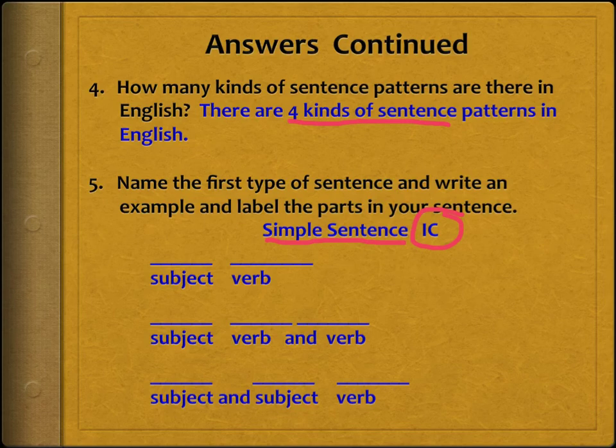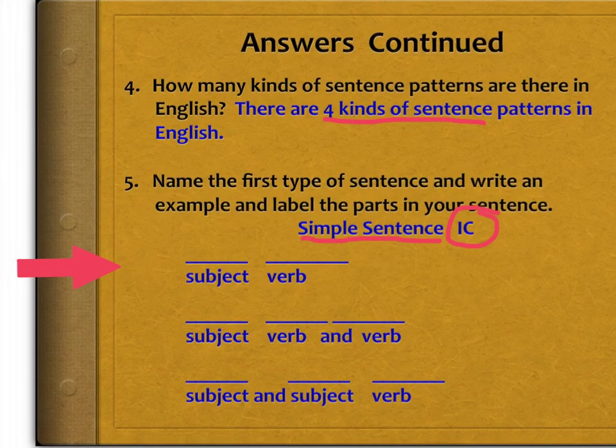What makes up an independent clause? A subject and a verb. Okay? You've got a subject and a verb, a subject with 2 verbs, or 2 subjects and a verb. One independent clause makes a simple sentence.